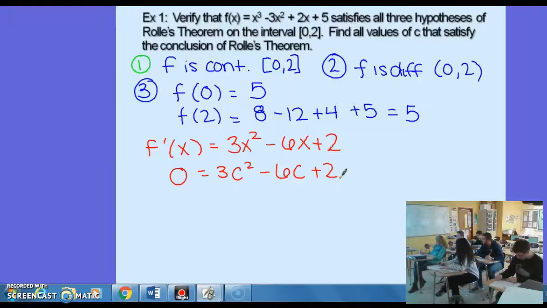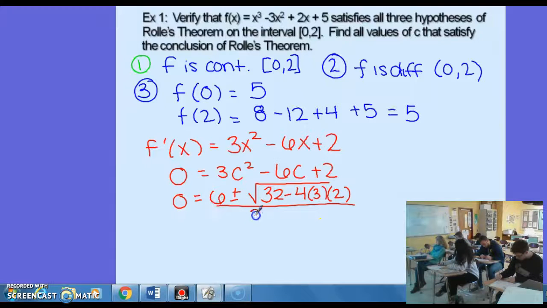So factor this, which it's not factorable, right? Because there are no factors of positive 6 that will sum to negative 6. So quadratic formula. So 0 equals negative b plus or minus the square root of b squared minus 4ac, all over 2a.